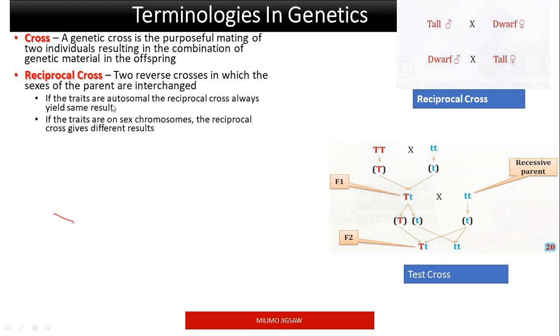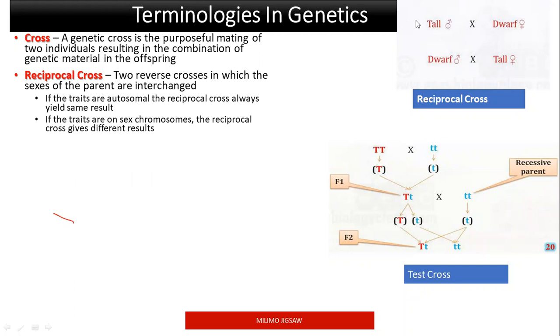However, in the case of sex chromosomes, the reciprocal cross is going to yield different results. So in a reciprocal cross, the sexes of the individuals are going to be reversed.